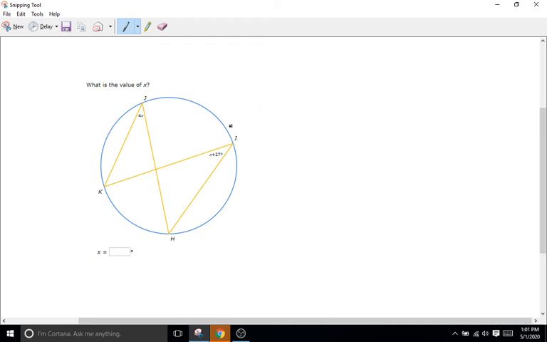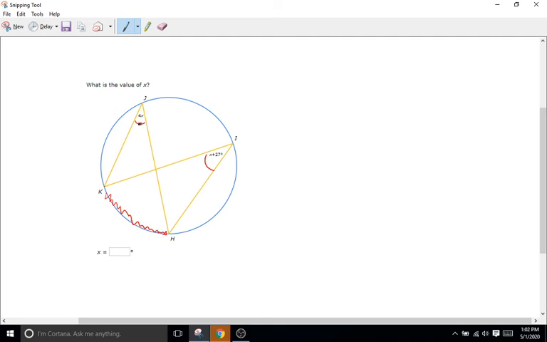What we see here is both 4x and x plus 27 are inscribed angles, right? And not only are they both inscribed angles, the arc that makes up their inscribed angle is going to be the same.